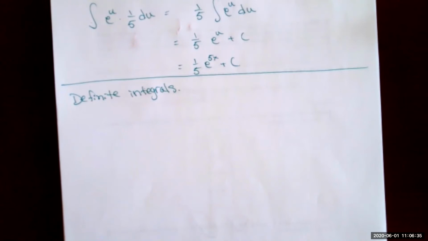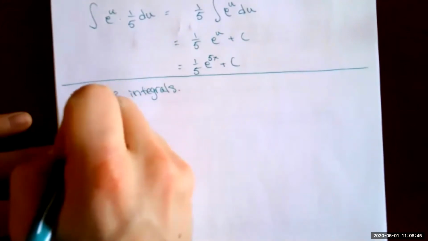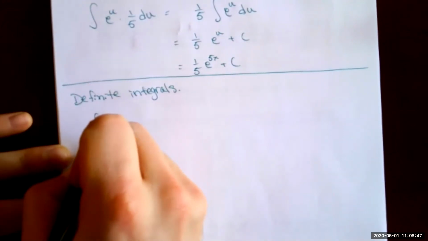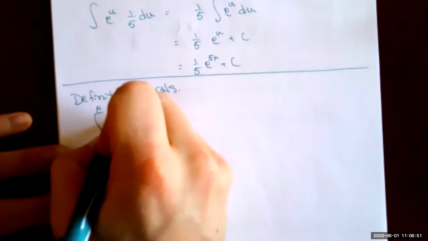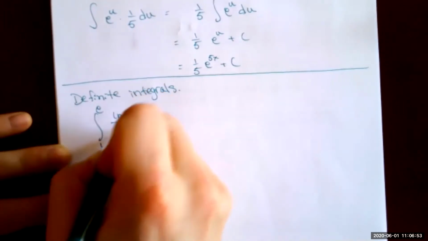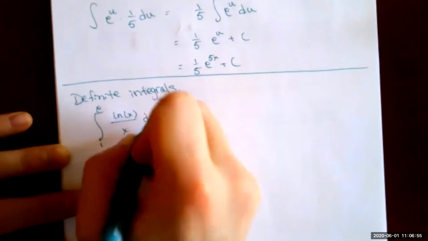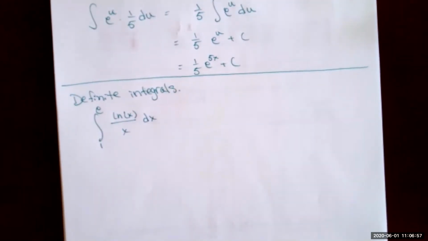So let's do one that's not too terrible. Let's say the integral from 1 to e of natural log of x over x dx.